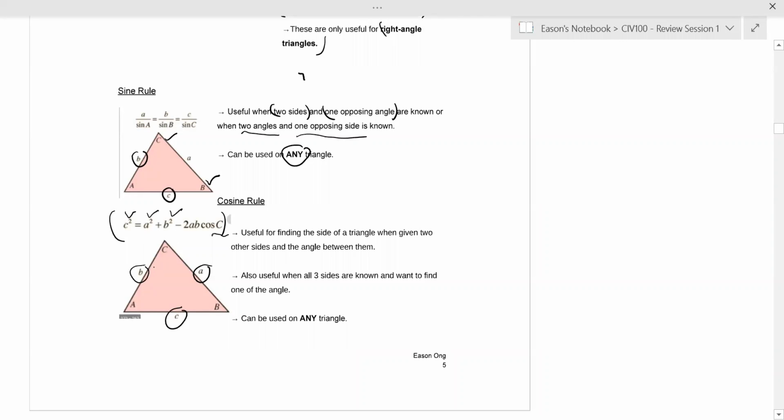In this case, it says small c squared, so I'm supposed to find big C. But I can easily replace these equations with, say, a squared equals c squared plus b squared minus 2cb cosine big A. In that case, I should be able to find big A as well. So as long as I have three sides, I should be able to find any angle within the triangle, even though it's not a right angle triangle.